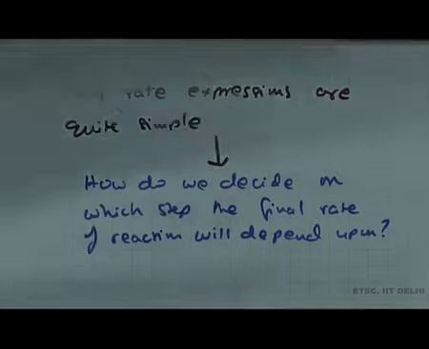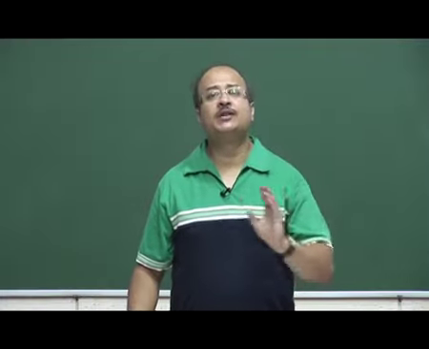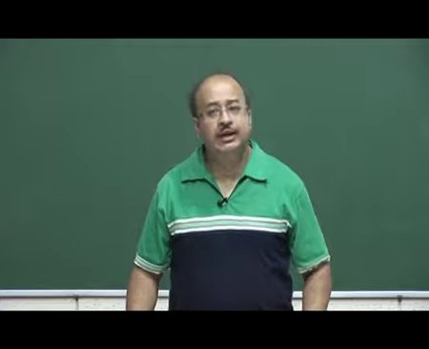Because in these 3 consecutive reactions which have their own rates, you do not know how each of these contributes to the final equation, which is A going to P. But then, as I said, though it is complicated, many rate expressions are quite simple for you to deal with.